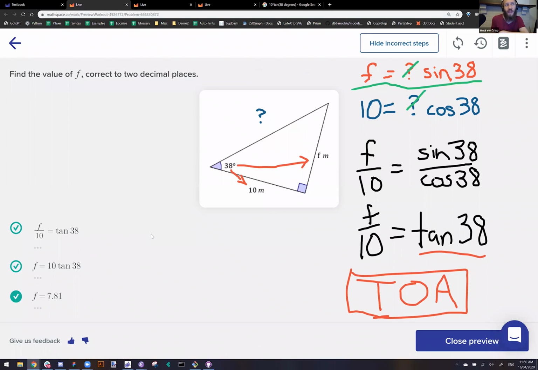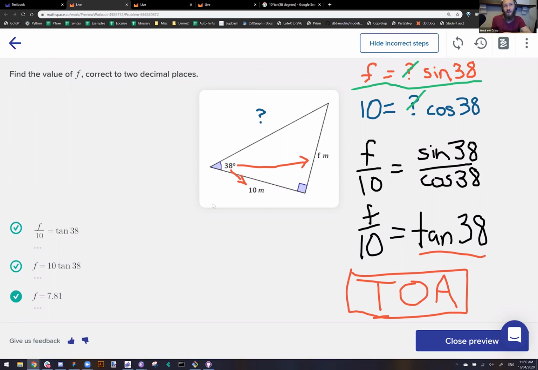Okay. So what I've explored today so far is how to go from a side and an angle and find the other side. You've probably done it a whole bunch of times, but hopefully you see some of what's going on down below.